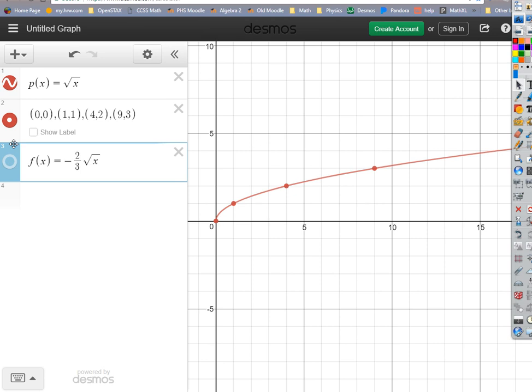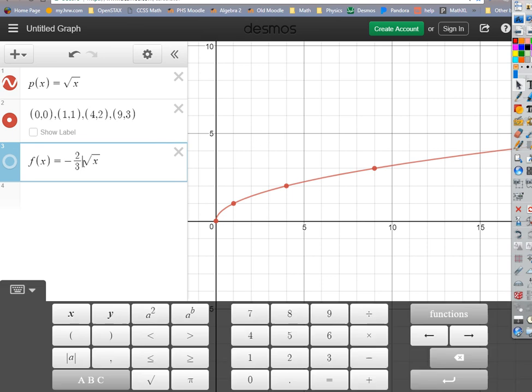Okay, let's make another connection with that. By analogy, if I multiply a function by a number, that's a vertical dilation, right? What if I multiply the input by a number? Horizontal dilation. Right, so let's try something then. So now instead of multiplying the function outside by a number, let's try multiplying the input by a number.